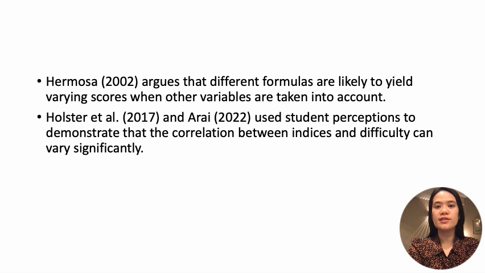For example, Hermosa argues that different formulas are likely to yield varying scores when other variables are taken into account. Halster and his colleagues and Arai use student perceptions to demonstrate that the correlation between indices and difficulty can vary significantly. To test these claims, it would be beneficial to analyze the same texts using multiple classification schemes to see if their ratings align.